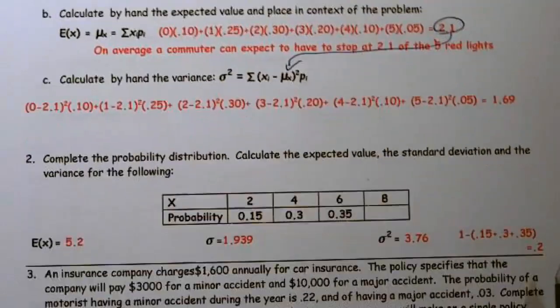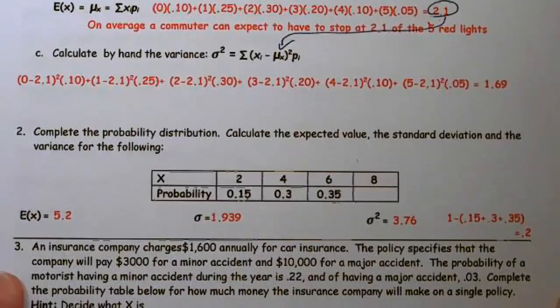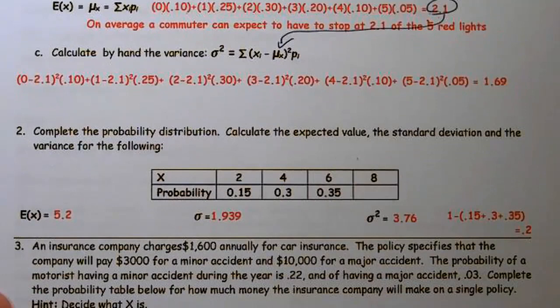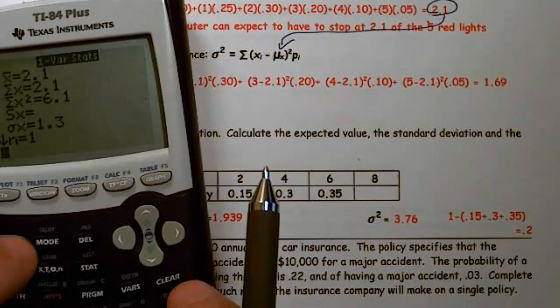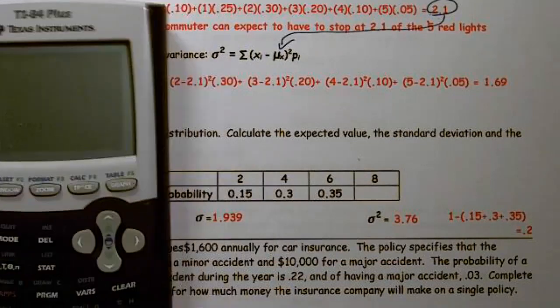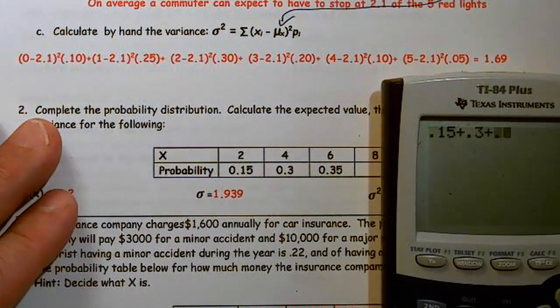The next one says complete the probability distribution and calculate the expected value. Well, there's kind of a problem here because the very first thing is I add these up. I go, okay, is this a valid probability distribution? And I take 0.15 plus the 0.3 plus the 0.35, and it doesn't equal 1 whole.